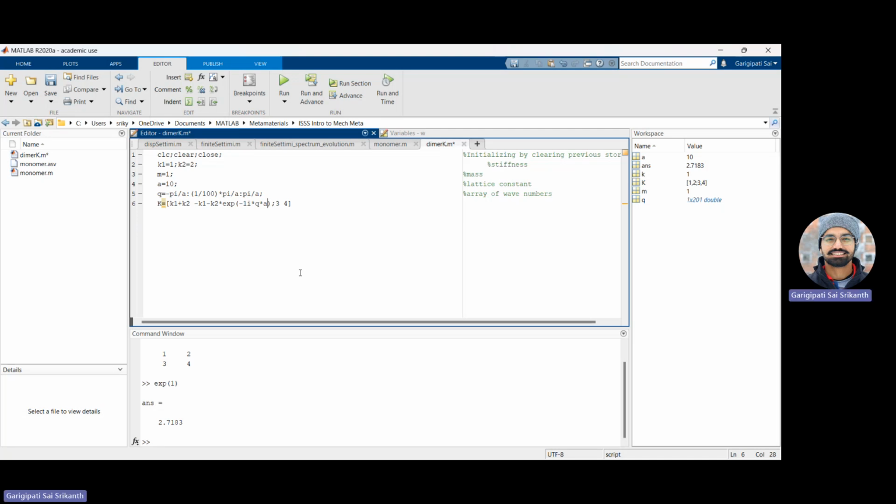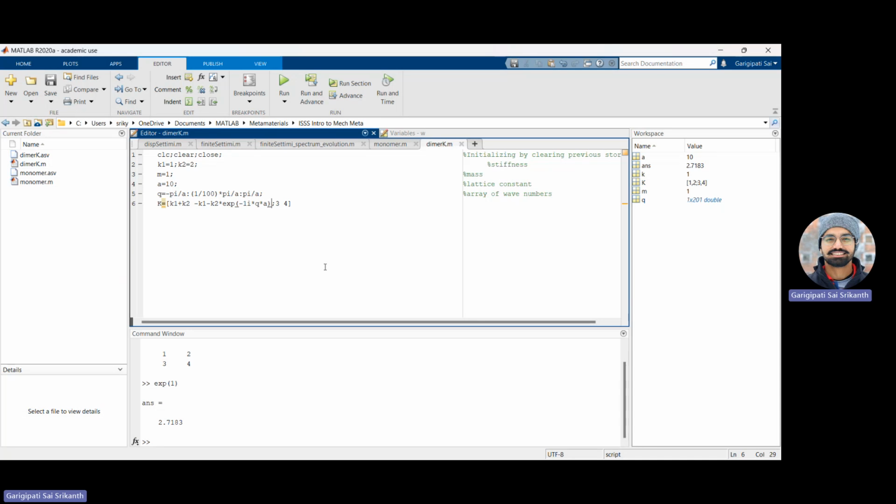Awesome. However, Q is an array. Okay, let's deal with it later. We'll see how to deal with it. Then the next term is minus K1 minus K2 e power plus IQ.